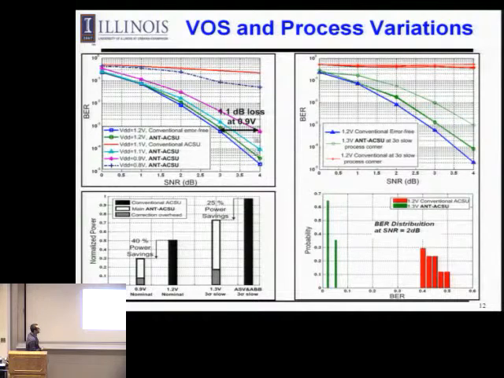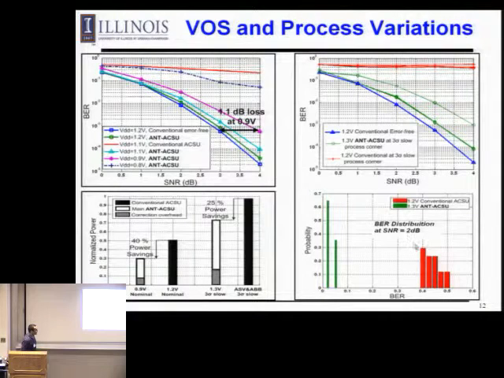You see this variation, for example, when we move from 1.2 volt to 0.9 volt. However, if we decrease lower than 0.9, for example 0.8, our performance would be at this point here. This is because our estimator also starts to fail. In terms of process variations, you see the variations caused in the conventional architecture, but our architecture can behave at this point. So this is the variation.